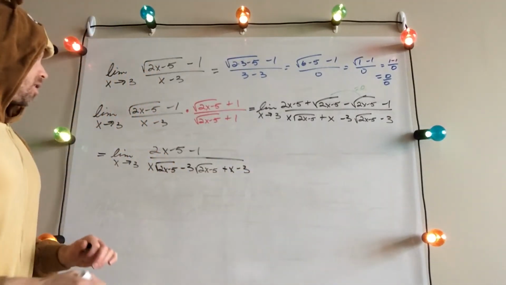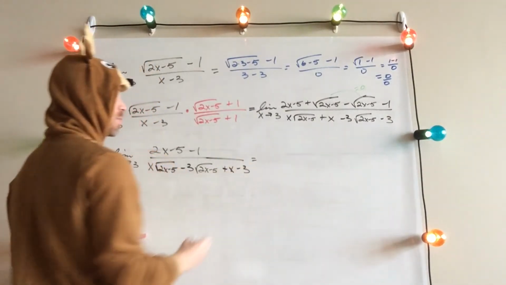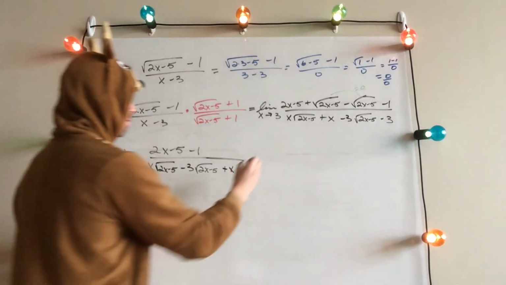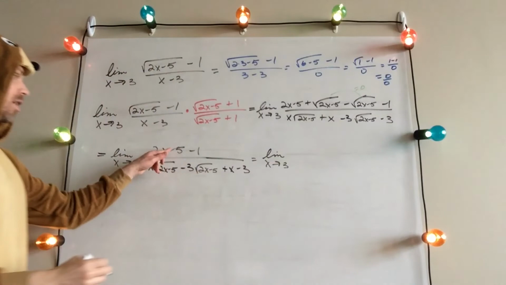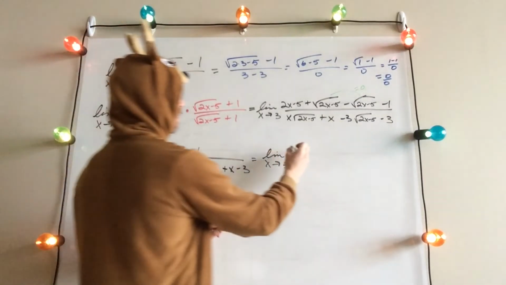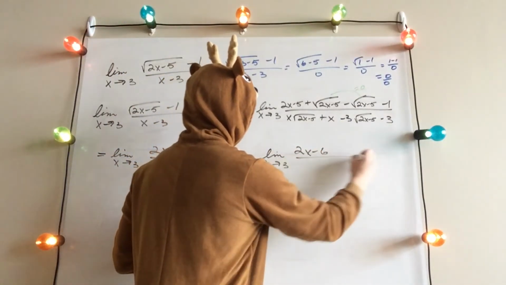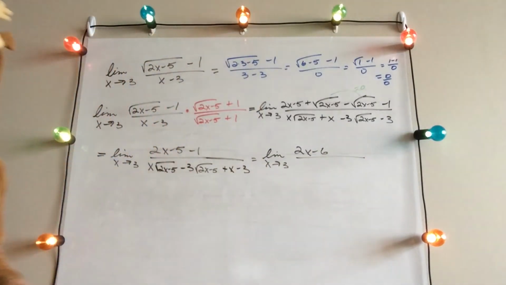Okay. I can simplify a little bit in that numerator. Minus 5 minus 1. Minus 5 minus 1 becomes a minus 6.